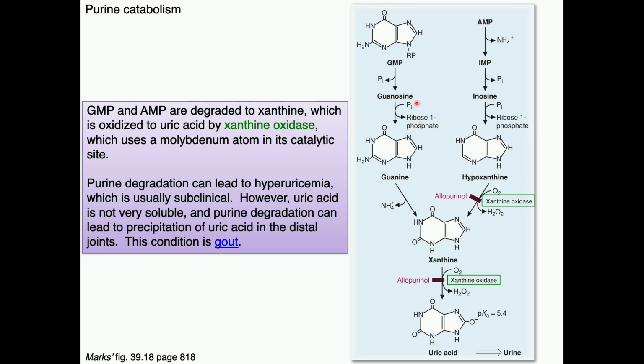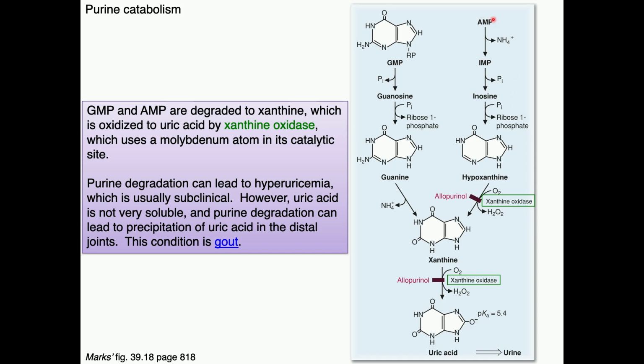Then a phosphorylase removes the ribose sugar using inorganic phosphate, releasing ribose 1-phosphate. Then we're left with the guanine base. The guanine base is then deaminated to xanthine, and xanthine is then oxidized by xanthine oxidase at this carbon to make uric acid. And uric acid is ionizable near enough to physiological pH that it can be soluble and urinated out.